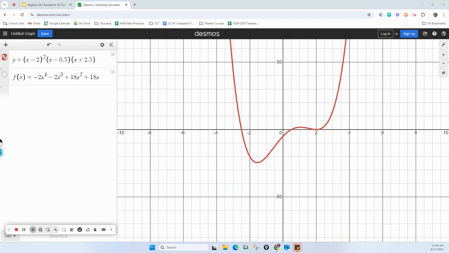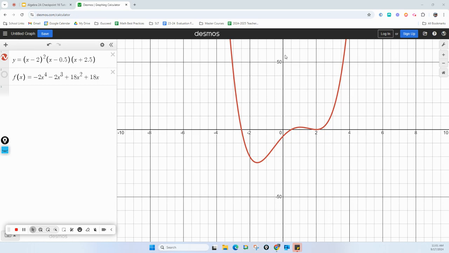So here I have my function. I can graph that. Sometimes seeing it, especially if you're a visual person like me, is really nice. Also, as I graphed this in Desmos, I needed to adjust what I saw in my graph.